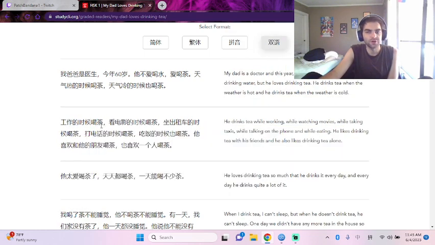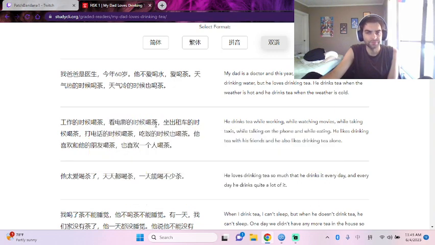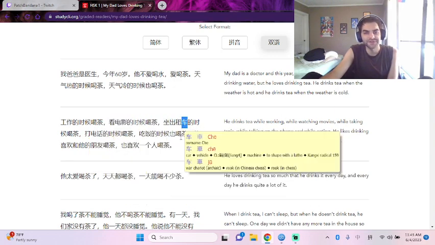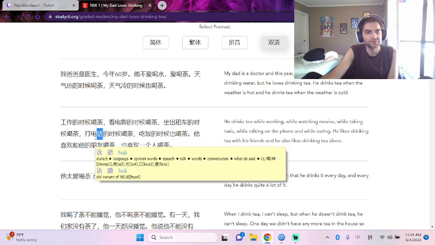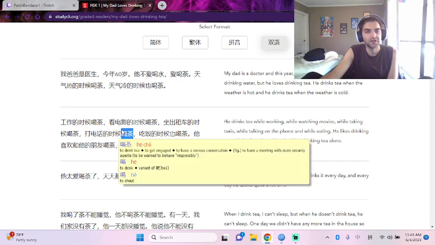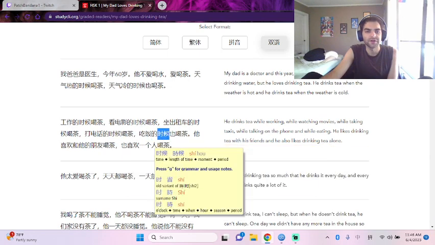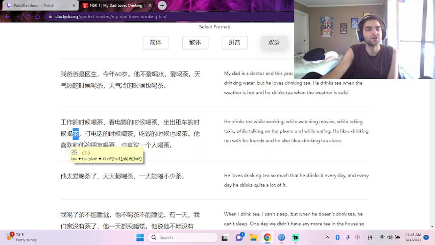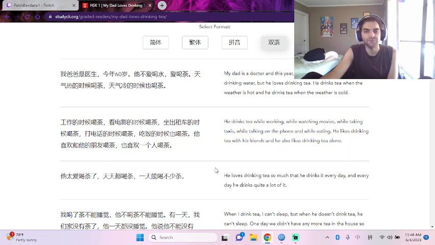He drinks tea while working. Okay. While watching movies. While taking taxis. While talking on the phone. 电话. And while eating. That's why at the end of each time it was 喝茶, 喝茶, 喝茶, 喝茶. He likes drinking tea with his friends, and he also likes drinking tea alone.